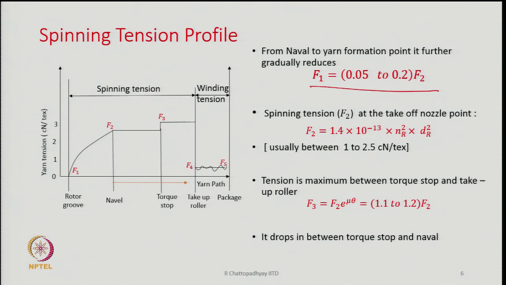F1 is 0.05 to 0.02 times F2. So, in this zone, there is a reduction of F1 with respect to F2, and the reduction is around 0.05 to 0.02 F2.